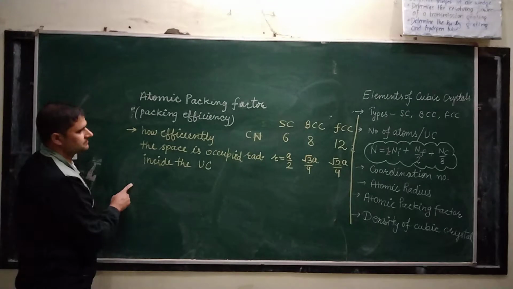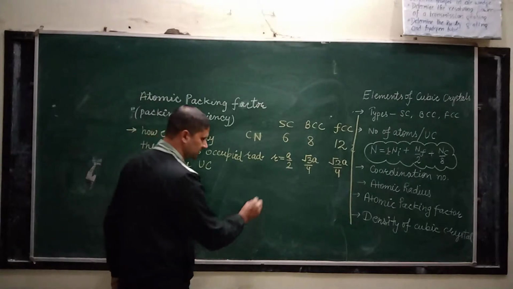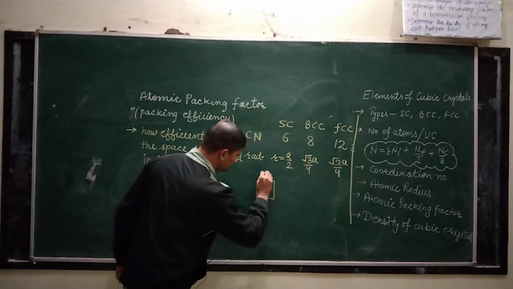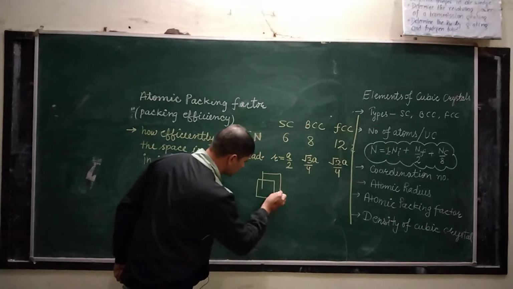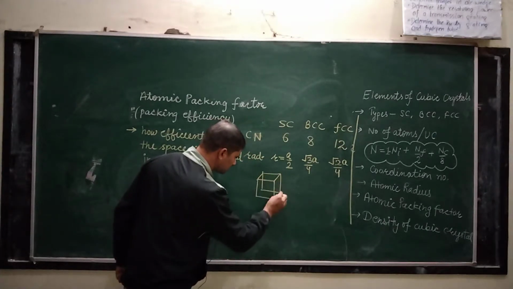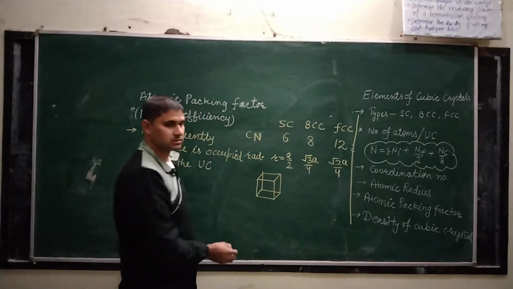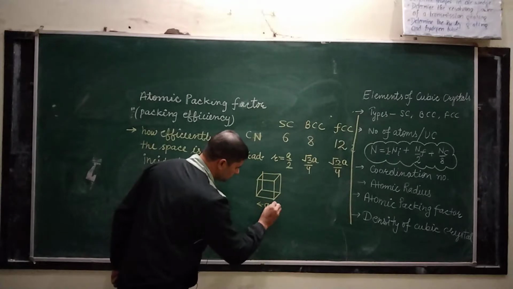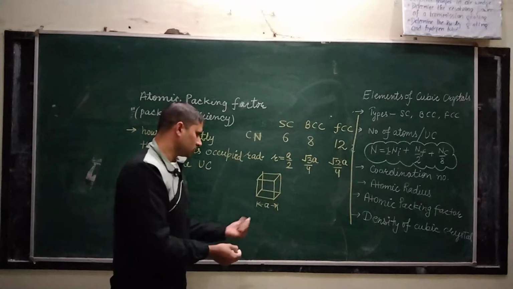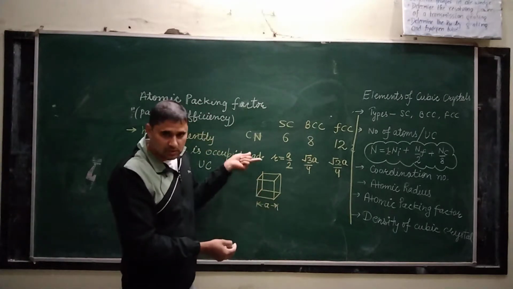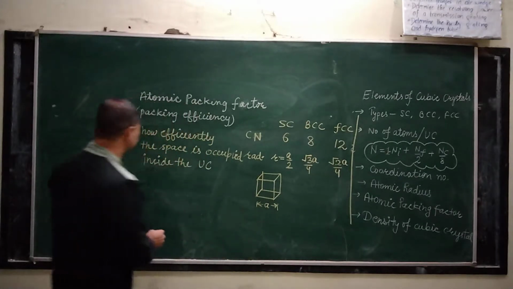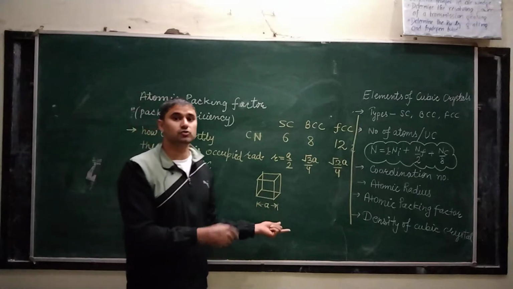Okay, so this is packing efficiency or atomic packing factor. Now we are to see that in a simple cubic, what is the available volume. Let me make a simple cubic. This is the simple cubic. Okay class, and the size of this cube is A. So the sides along different axes are of size A. So what will be the volume? The volume will be A cube.